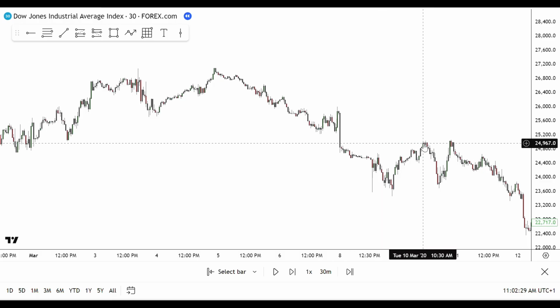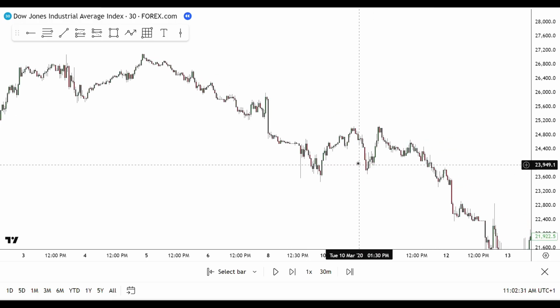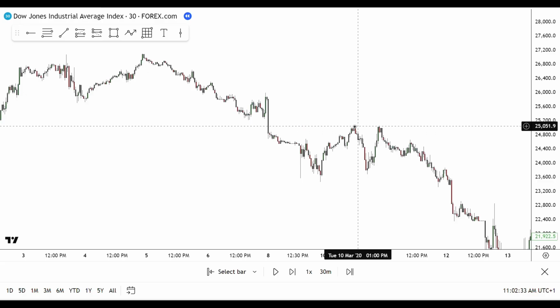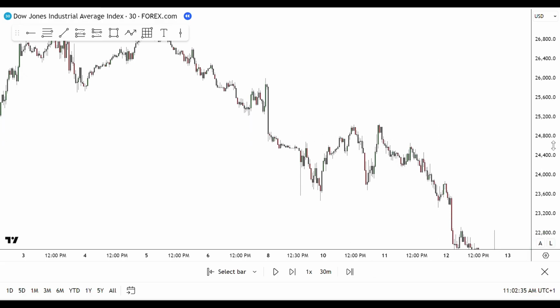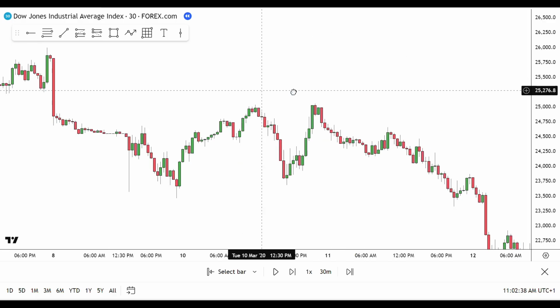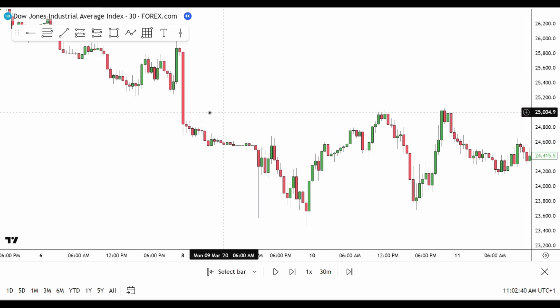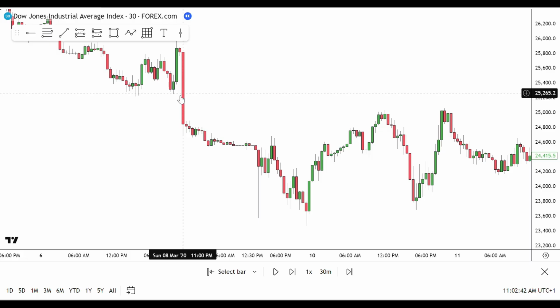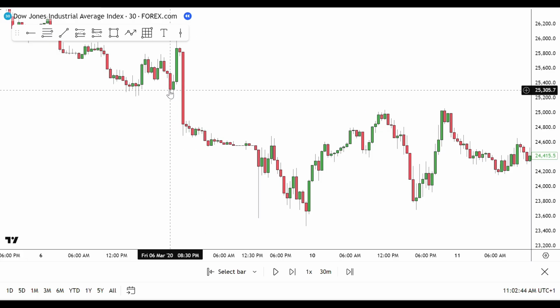Buyers tried again and failed. Then they came up here again because there was still supply. Sellers were still selling from here.